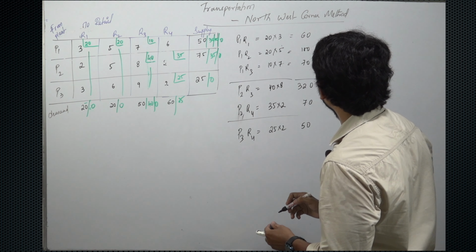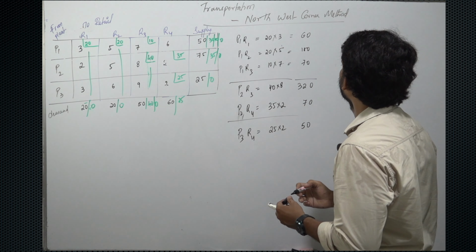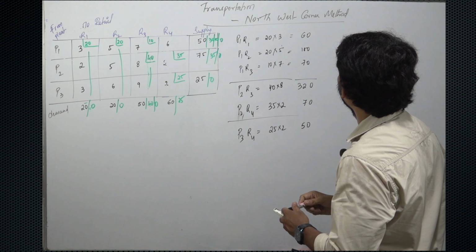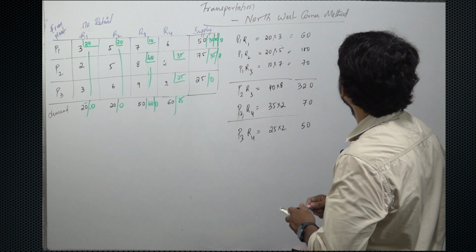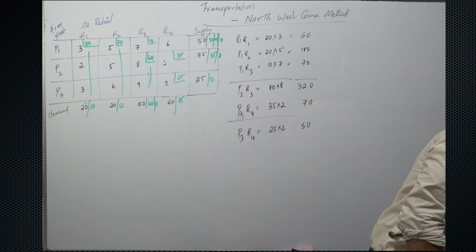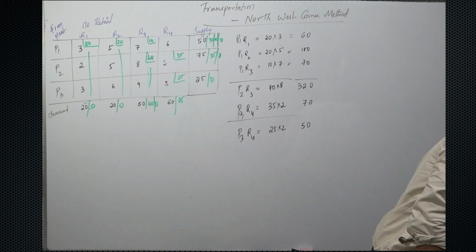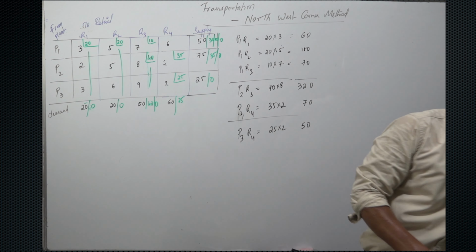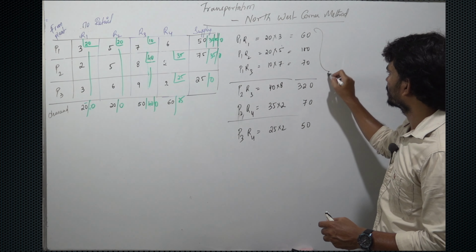Okay, 120, 440, 510, 610, 670. I'm a little not sure with my maths. So 670 is the total cost.